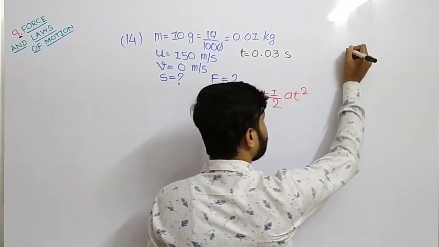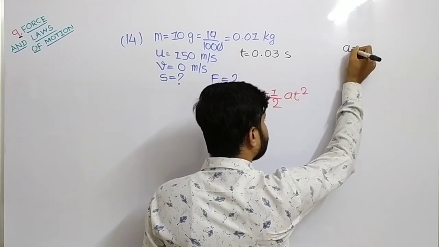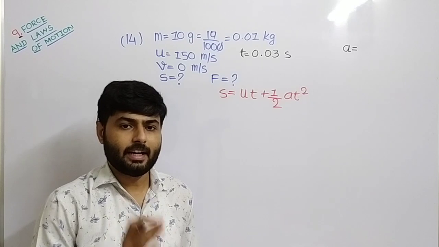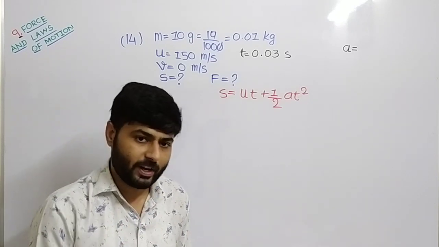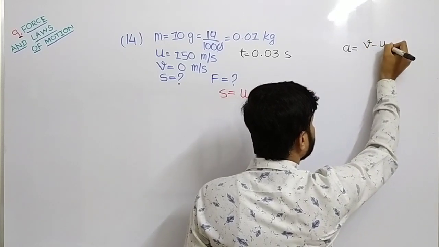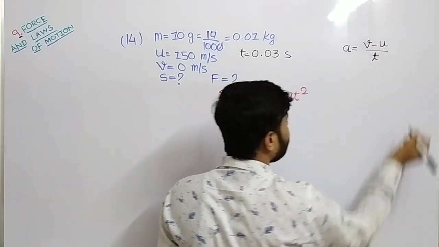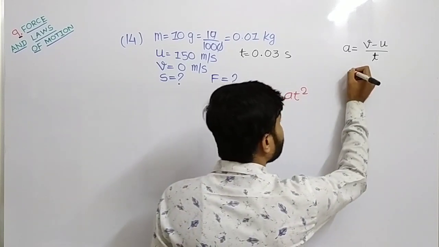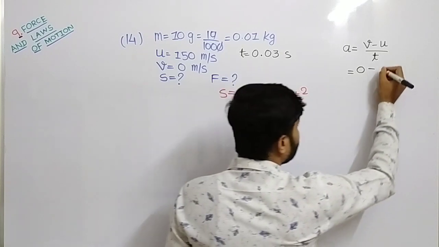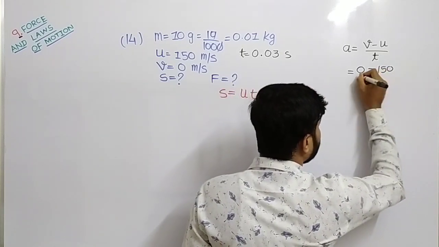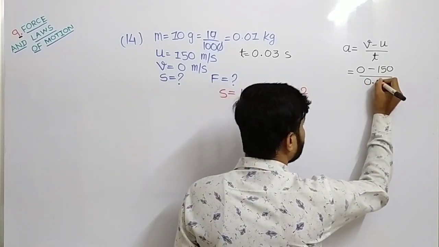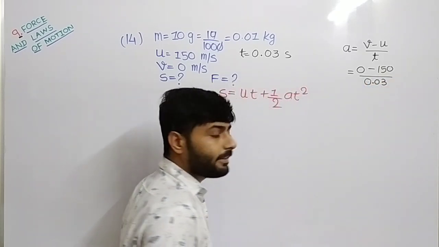What is acceleration? By definition I can make a formula for acceleration. Acceleration is the rate of change of velocity. So I have v minus u divided by t. V is 0 meter per second minus u is 150 meter per second, divided by t, which is 0.03.